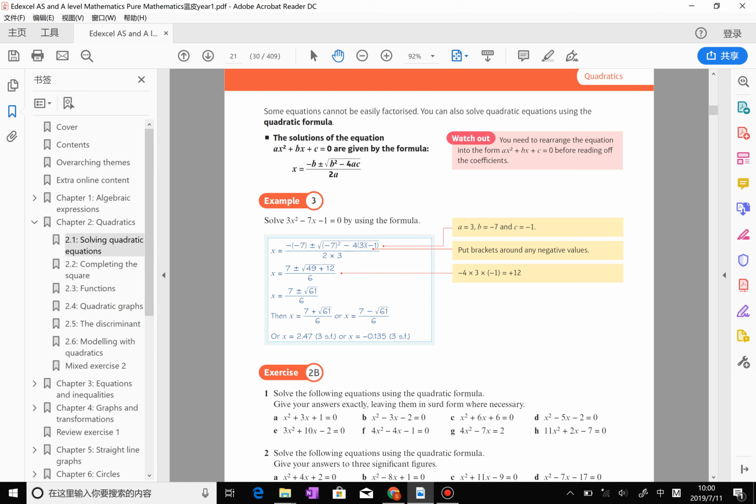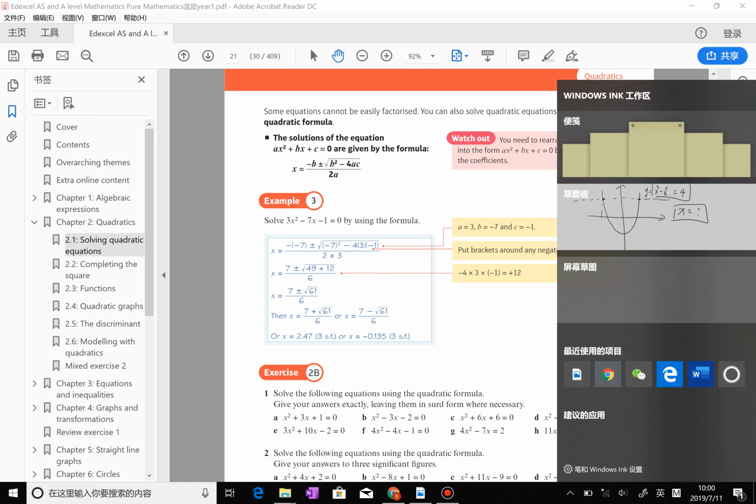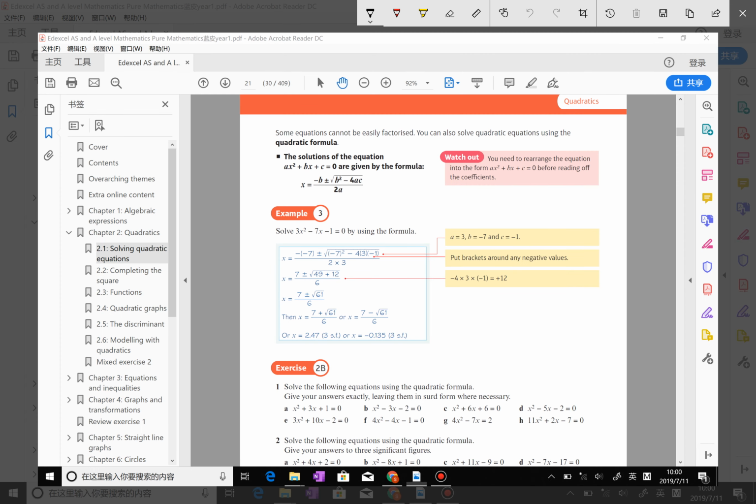Next, use the formula to solve quadratic equations. As we know, some quadratic equations cannot be factorized. They are just normal quadratic equations. If we find equations that cannot be factorized, how could we solve them?